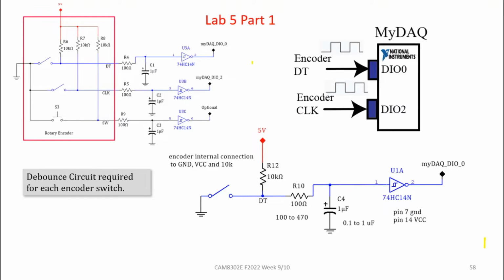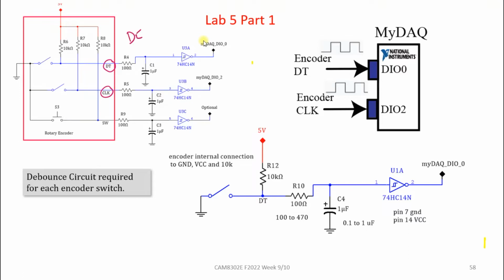This is the circuit for Lab 5, Part 1, and you will be connecting eventually 2 signals, the actual signal from the DT pin on the encoder and the clock pin on the encoder. But before you actually connect it to digital I/O 0 and digital I/O 2, it must pass through a debounce circuit.